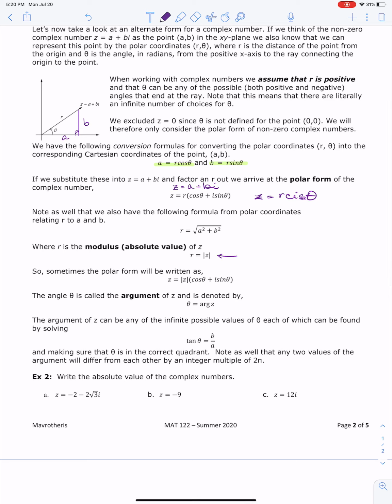It's called the modulus, or sometimes you'll see it as the absolute value. What is the absolute value of z? Keep in mind when we talked about absolute value before, absolute value was the distance from 0. We looked at a horizontal distance when we defined absolute value of numbers. Here we've got a point on the plane. That absolute value, or the modulus, is still the distance away from 0.